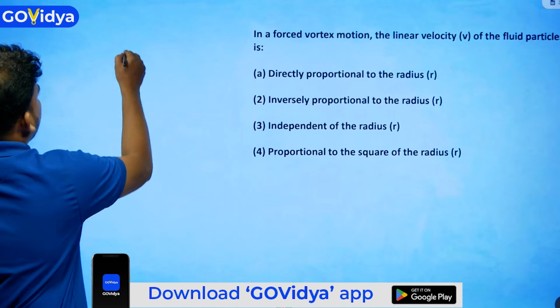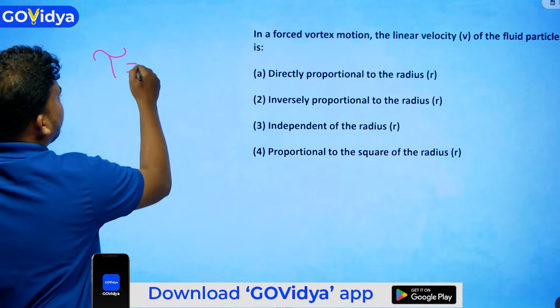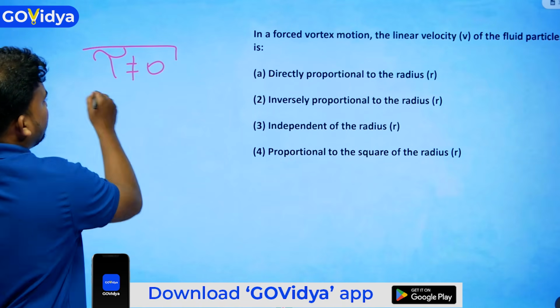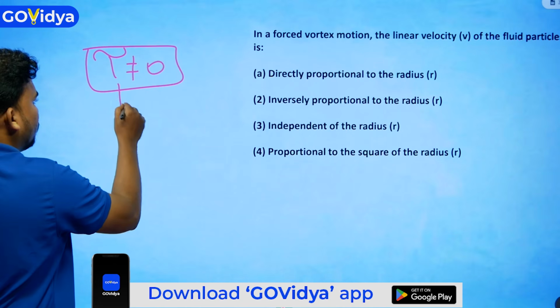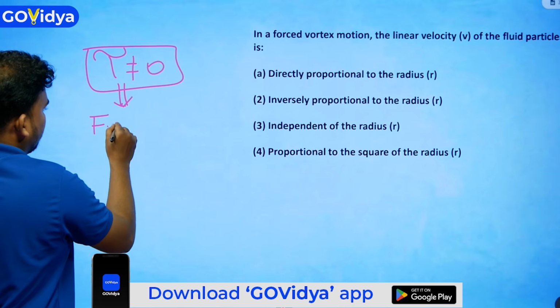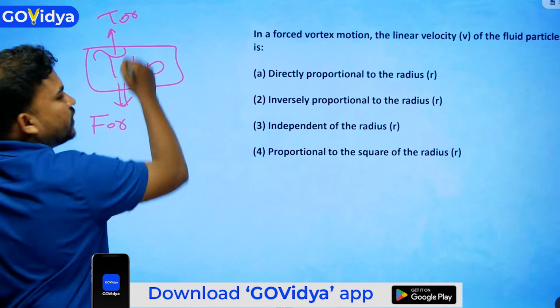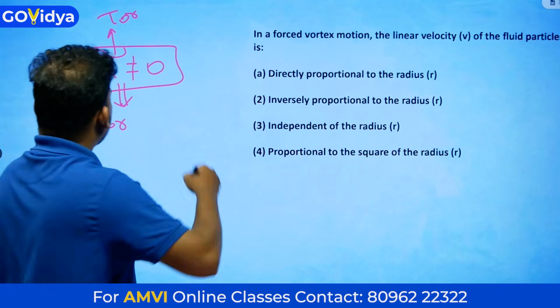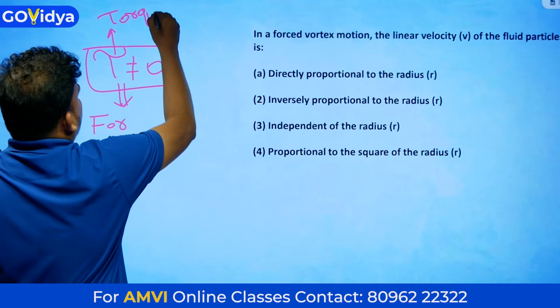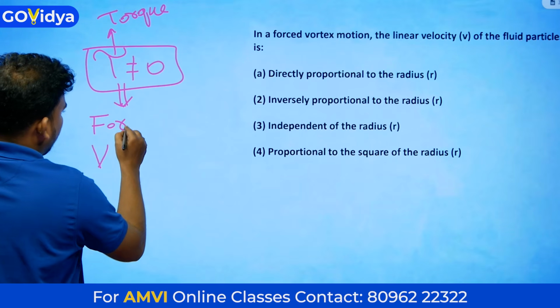So tau here we are giving, which is not equal to 0. In free vortex motion, tau equals 0, but this is a forced vortex motion, right? Forced vortex motion means this is the torque we are giving to rotate the fluid like this.